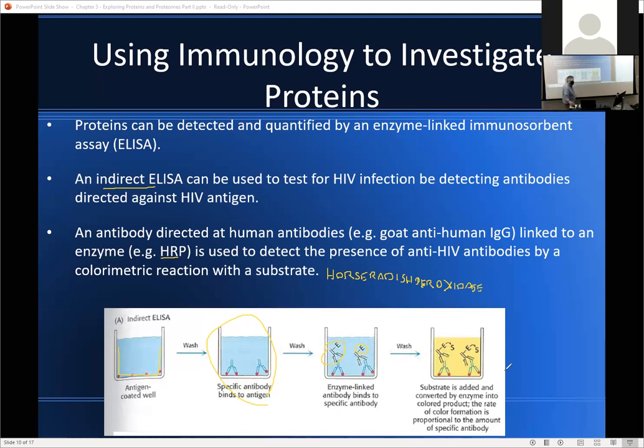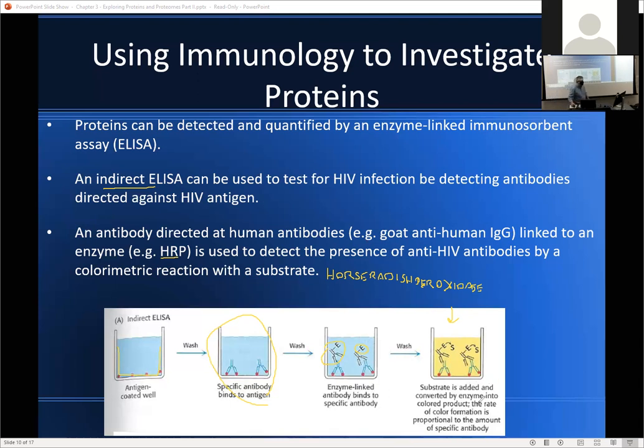So the third step, we add a substrate. If the enzyme is present, it's going to convert the substrate and cause a colorimetric reaction. And in this way, we can detect whether or not there are antibodies present in the human serum that recognize the antigen. This makes sense to everybody?